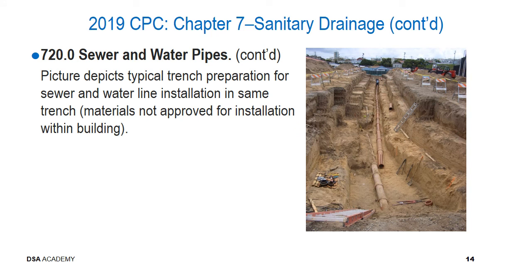The image on the right hand side of this slide depicts a common situation where a vitrified clay pipe used as a sewer pipe is being installed in the lower portion of a trench, and allowances are being made for the associated water pipe to be installed above, and in the picture you can see to the right of the sewer pipe, maintaining the required minimum 12 inches of separation.